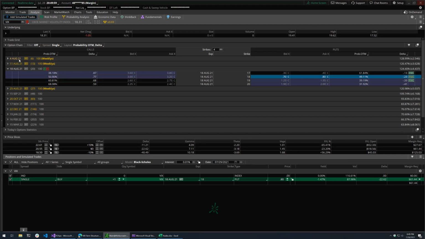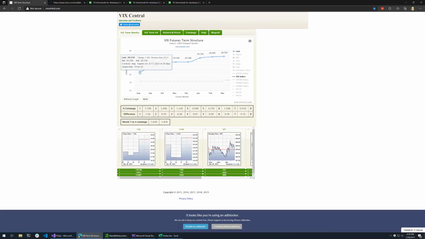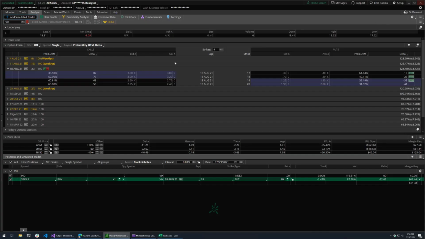These dates here, these options are actually on the futures themselves. These options are not on VIX, just to be clear. So this August 18th AM expiration is on the August futures contract that expires on the 17th. Does that make sense? And same thing with this one on the 14th right here.